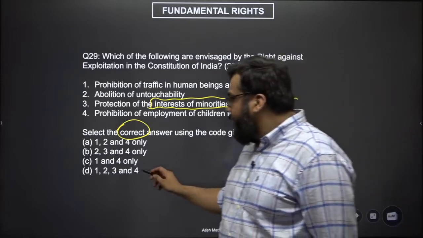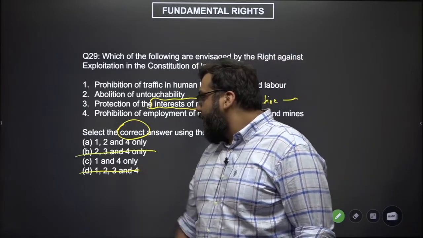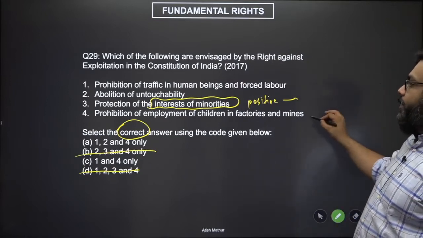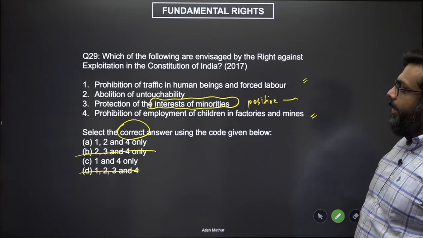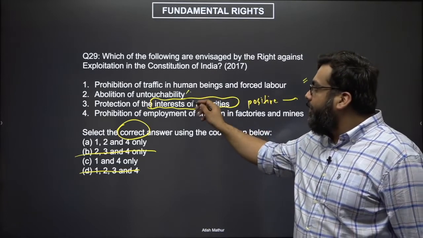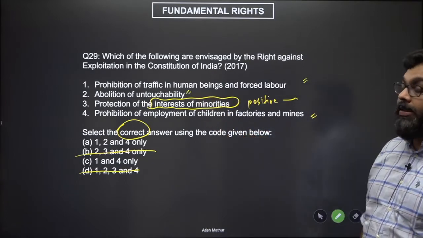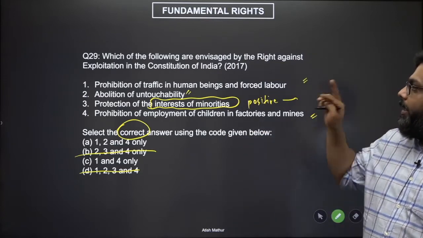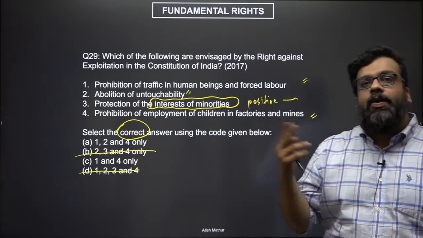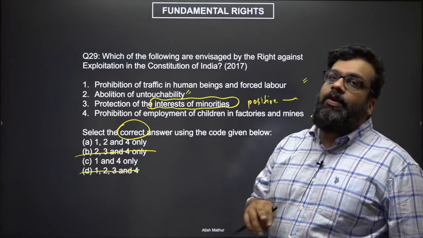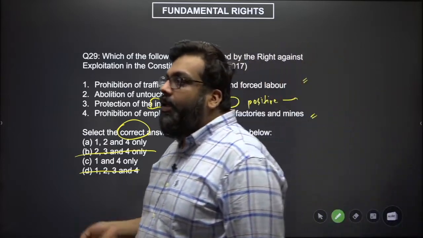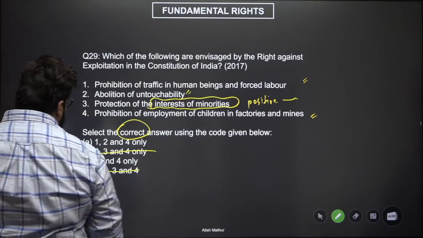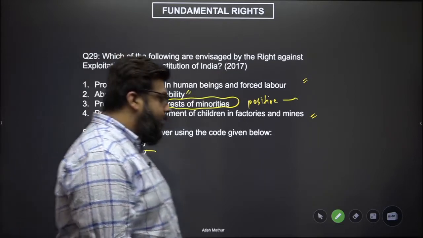So any option which has 3 is out. Now we are left with 1, 2 and 4 and 1 and 4, which means 1 and 4 is definitely correct. Now, abolition of untouchability, this has been a question that has already been asked before. We just discussed this. Untouchability and exploitation are not necessarily correlative, that just because you practice untouchability does not mean you're exploiting somebody. So the option becomes C, 1 and 4, right? Done.